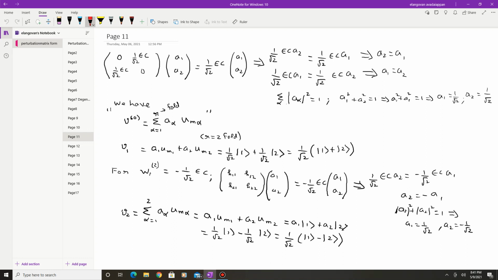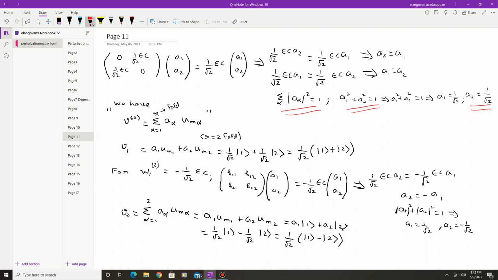You substitute these values, and the constants A1, A2 are written by this expression. Also the sum of the squares, A1 square plus A2 square, must be 1. Therefore A2 is equal to A1, so A1 square plus A1 square is equal to 1, A1 is equal to 1 by root 2, and A2 is also 1 by root 2.